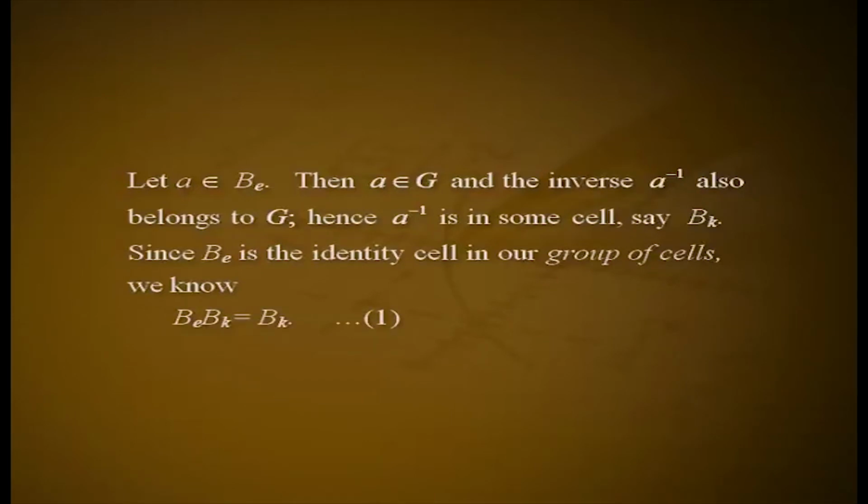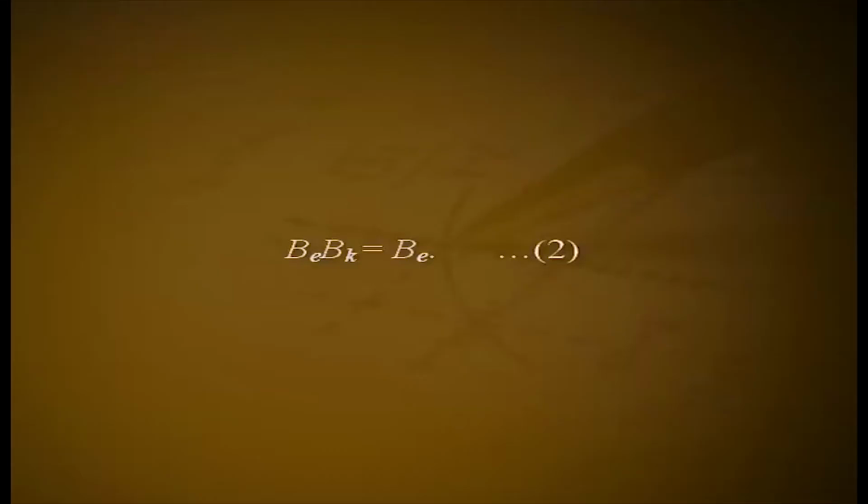Equation 1. Let us choose representatives A belongs to BE and A inverse belongs to BK. Then we have A into A inverse equal to E and E belongs to BE. So, BE into BK is equal to BE. Equation 2. Using equations 1 and 2, we obtain BK is equal to BE and hence A inverse belongs to BE. Hence, BE is a subgroup of G.